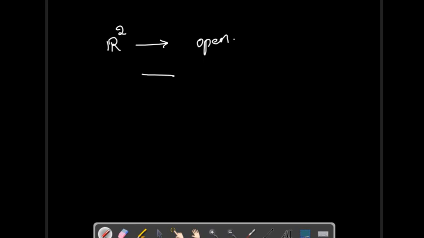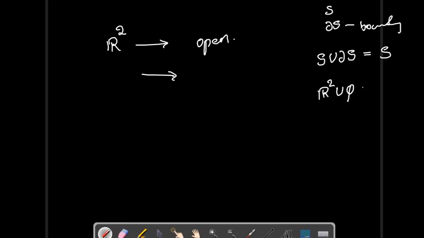In other words, you can denote the boundary by delta S: when S is a set, delta S represents its boundary. We say that a set is closed if S union its boundary points is equal to S. Here, if you take R2 union the empty set, you get R2 again.